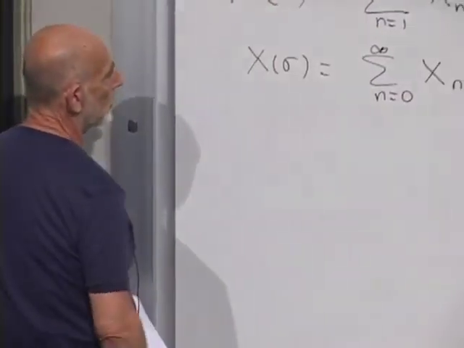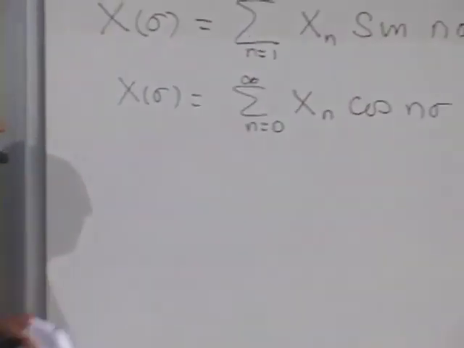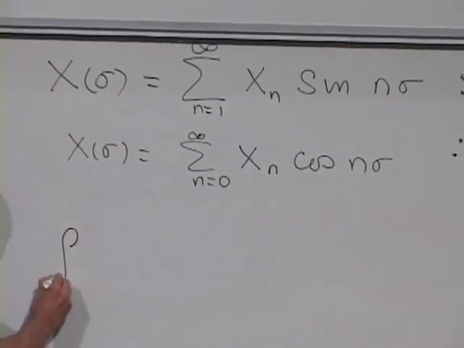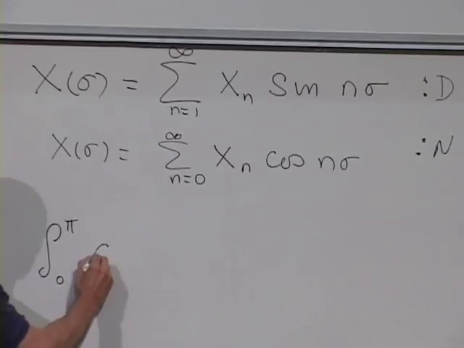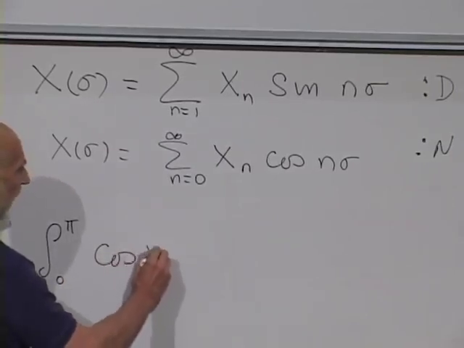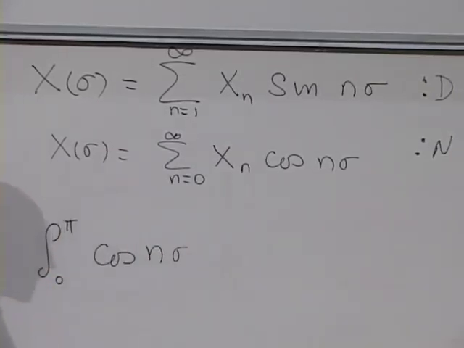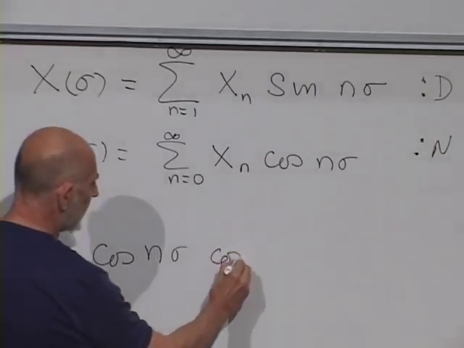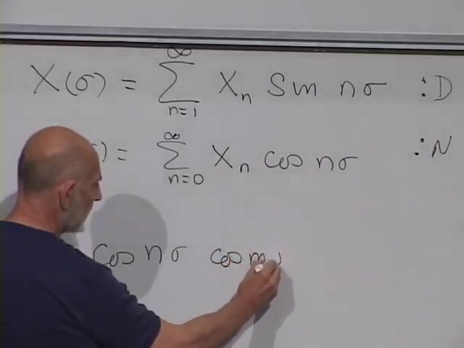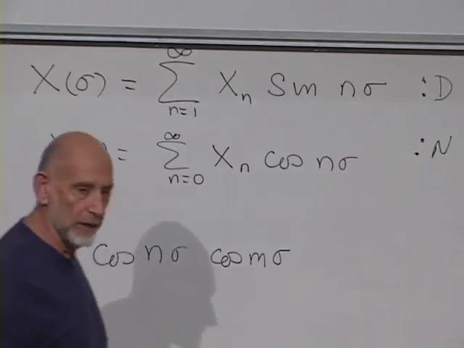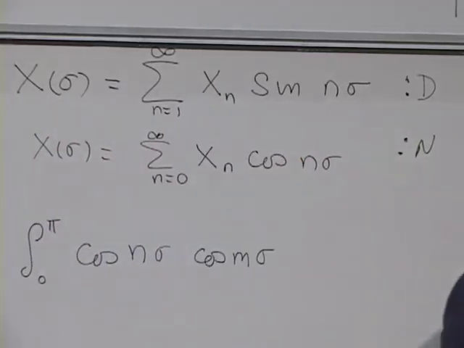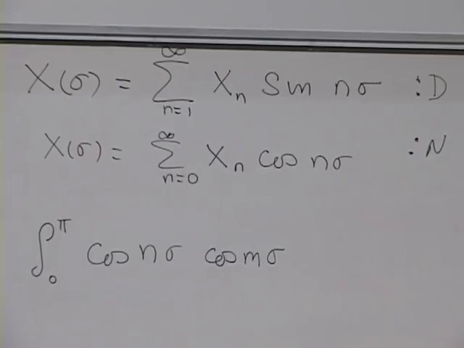Supposing you take, let's work with the cosines. Supposing I integrate from 0 to pi cosine of n sigma times cosine of m sigma. What do I get? First, what do I get if n is not equal to m? You get 0.